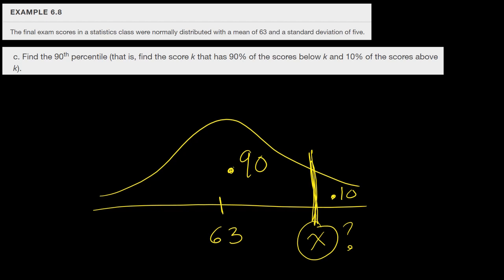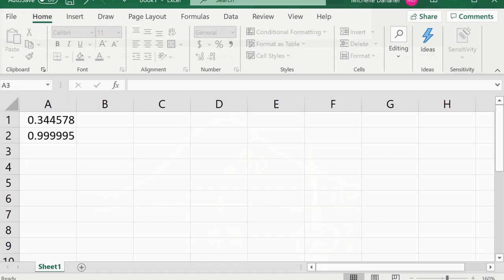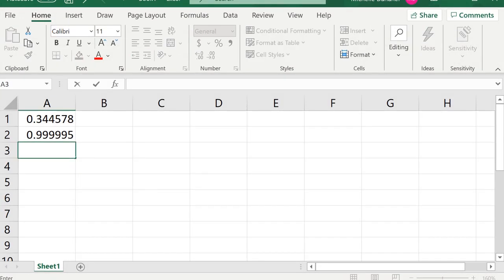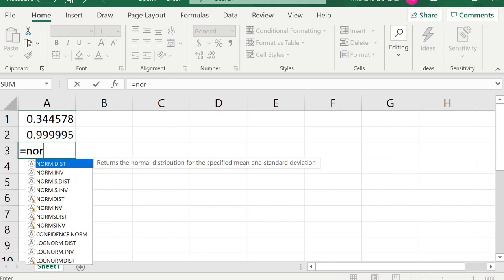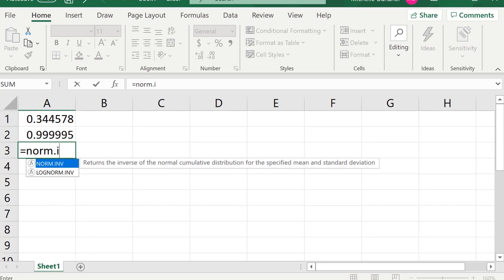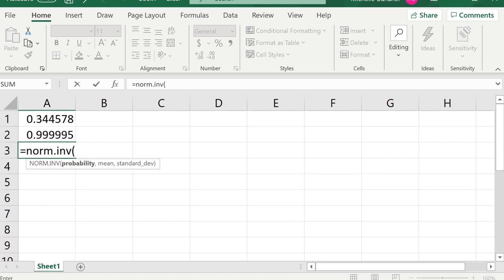All right, so there's a way I can do this in Excel. I'll type equals, instead of norm.dist, it'll be norm.inv, norm inverse. The probability, you always do the probability on the left side.